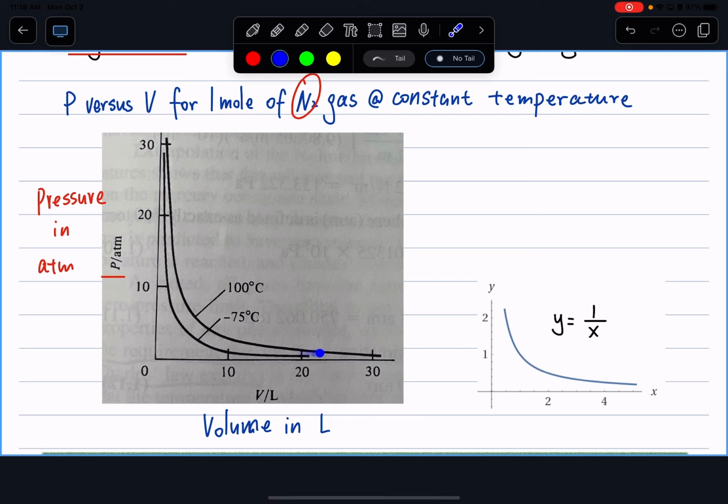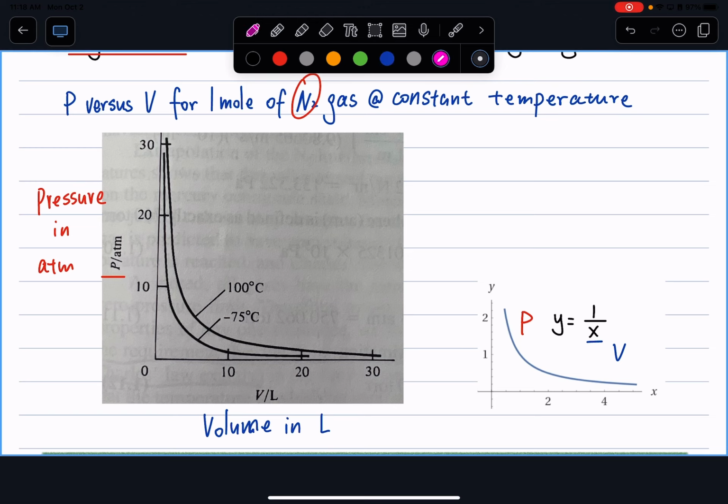The shape of this line tells you this is likely an equation like y equals some constant over x. Y here is our pressure, and x here is our volume.